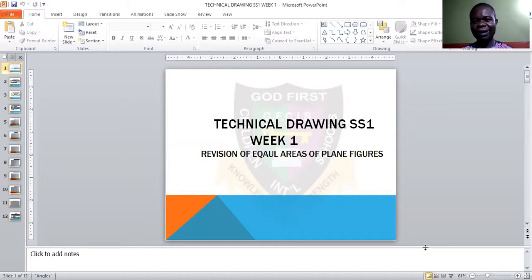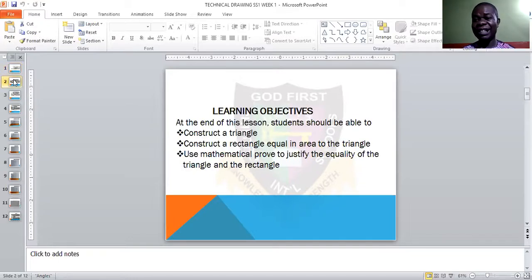Before we talk deeply, let us quickly look at the objectives, or what we intend to achieve in the course of this lesson. At the end of this lesson, you should be able to construct a triangle, construct a rectangle equal in area to the triangle.